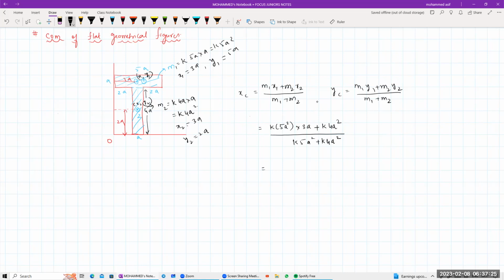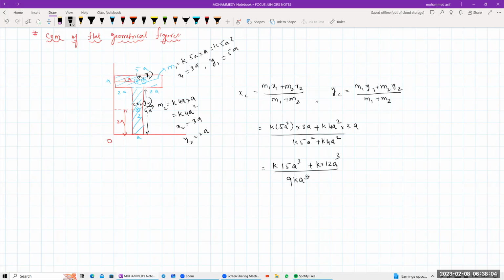So that will be equal to, ये कितना बन जाएगा बेटा, 5 3 is 15, so k into 15a cube plus k into 4a square into x2 की भी वैल्यू थी ना, x2 की वैल्यू कितनी है 3a, तो ये बन जाएगा 12, so 12 into a cube divided by k common, a square common, 5 plus 4 9, 9k a square.